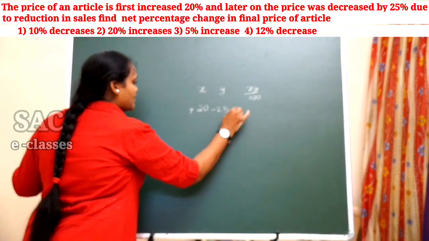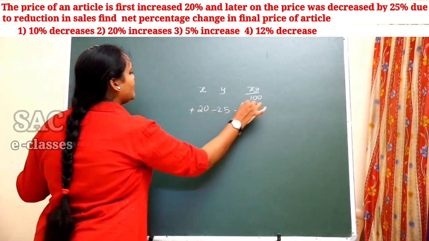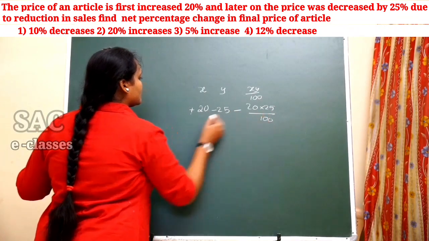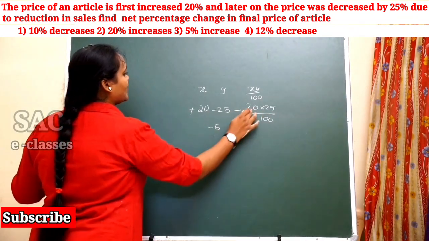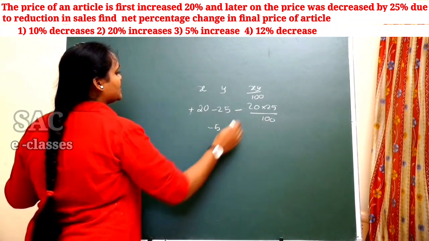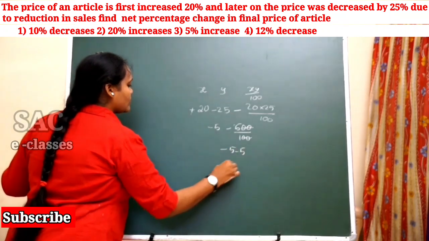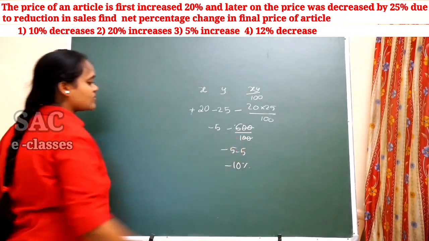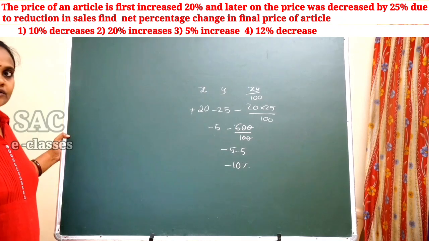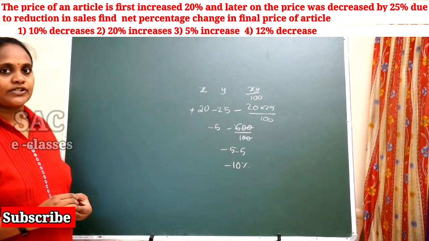I need to write minus because plus into minus is minus. 20 into 25 is 500 by 100. Definitely it is minus 5%. Then minus 5, minus 5. So minus 10%. Change is 10% decreased. That is the best option.